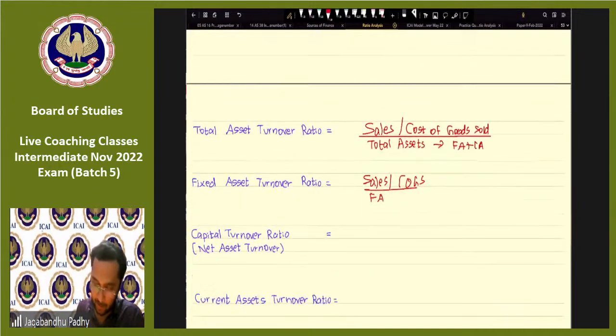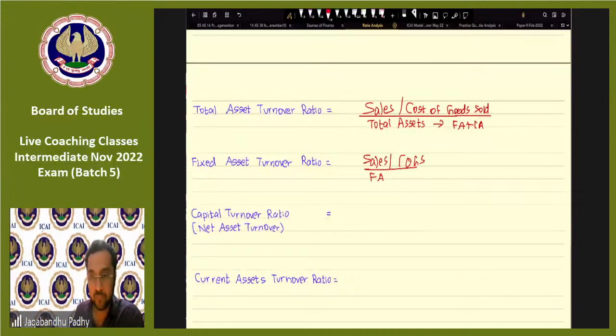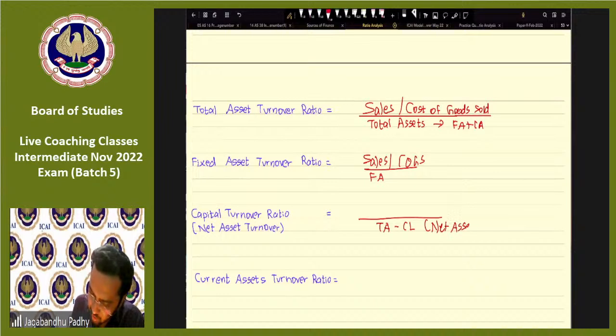Okay. Capital turnover ratio. Now we know capital is basically the total assets minus the current liabilities. Or you can also say this is a net asset turnover ratio. This indicates how efficiently we are utilizing our net assets. So again, in the numerator, you will have sales or COGS.